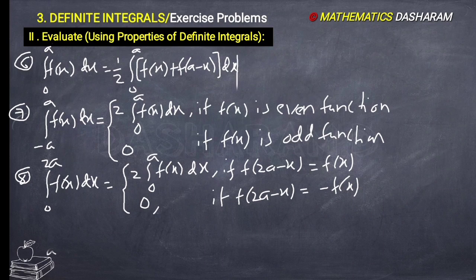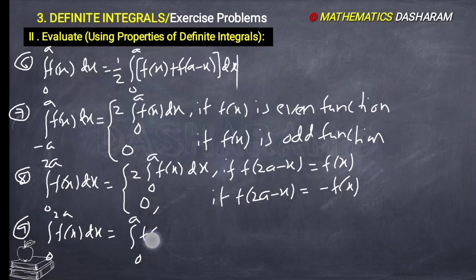Next, property number 9, integration 0 to 2a of f of x dx equals integration 0 to a of f of x dx plus integration 0 to a of f of 2a minus x dx.